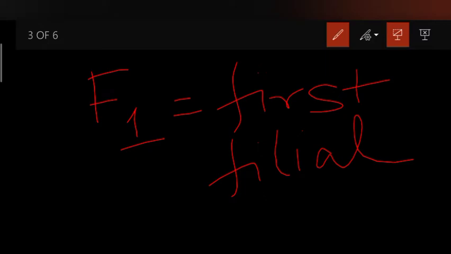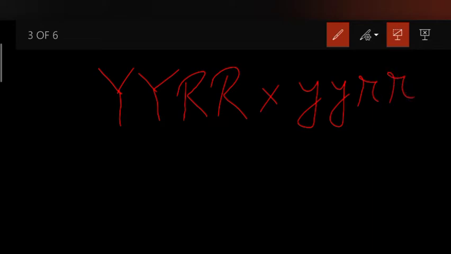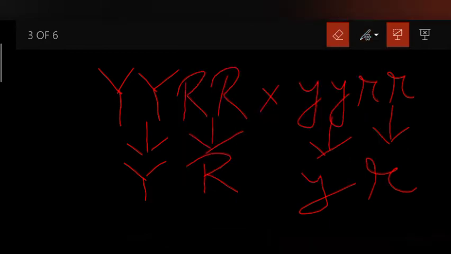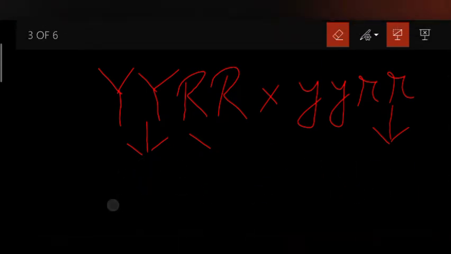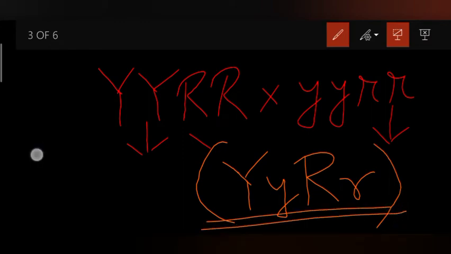They are all hybrids that show the dominant traits. Here, capital Y capital R multiplied by small y small r gives one capital Y and one capital R from one parent, and small y and small r from the other, and both gametes make the hybrid YyRr. It is a hybridized form, and it is round yellow.